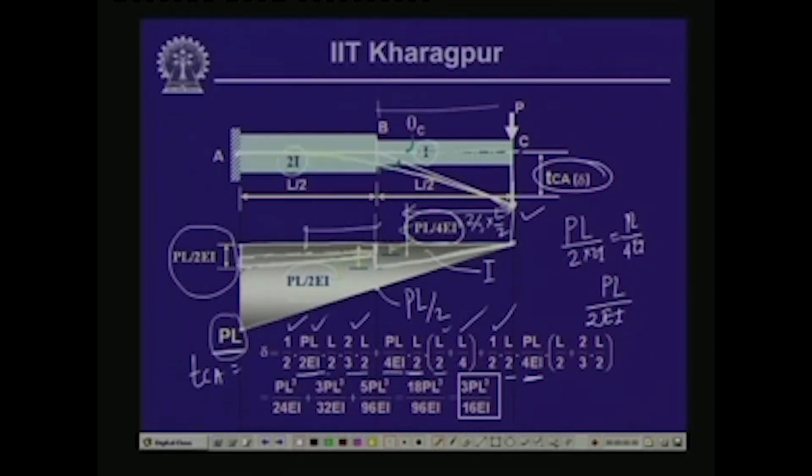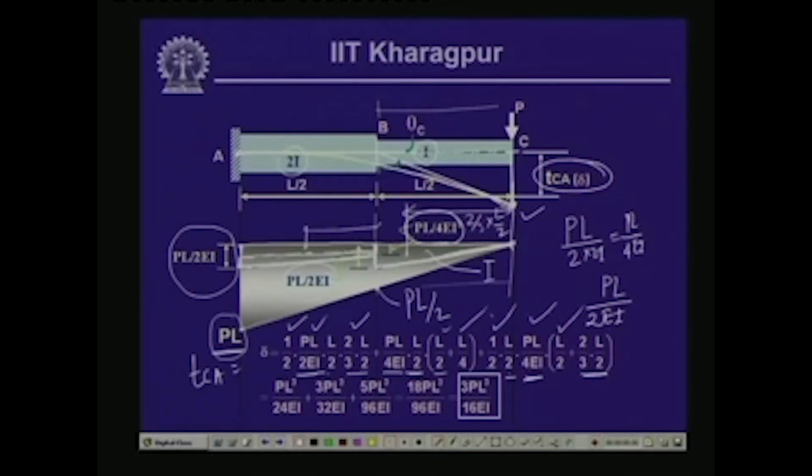This is PL by 2 EI and this is PL by 4 EI which we have taken constant. So, the balance is PL by 4 EI. So, half into L by 2 into PL by 4 EI, and the CG distance from this particular end is 2/3 of L by 2 plus L by 2. This distance is L by 2. So, L by 2 plus 2/3 of L by 2.